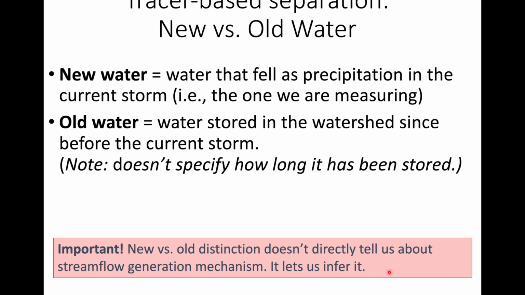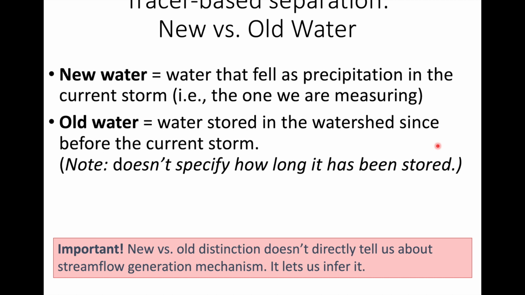Note that I still am not telling you anything about subsurface stormflow versus saturation overland flow and those other streamflow generation mechanisms. But by knowing how much water in the stream is new and how much water in the stream is old, we can start to infer these streamflow generation mechanisms.